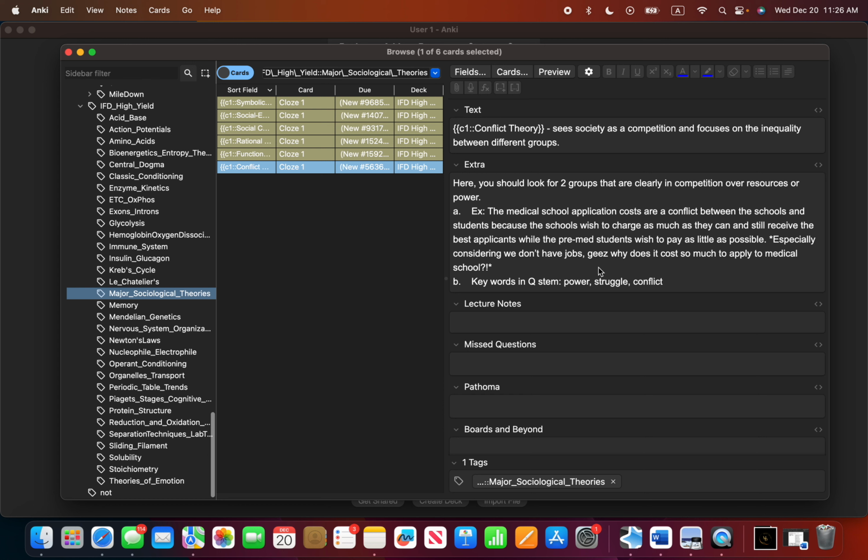So it's kind of unequal. You have two groups that are clearly in competition over resources. Are the medical schools and students in competition over resources?